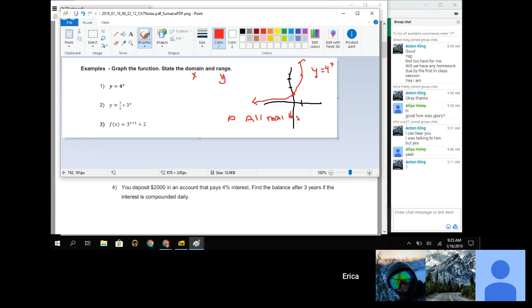Okay, what about the range? So the range is your y's, right? We also know that y is never less than 0. Can y ever equal 0?